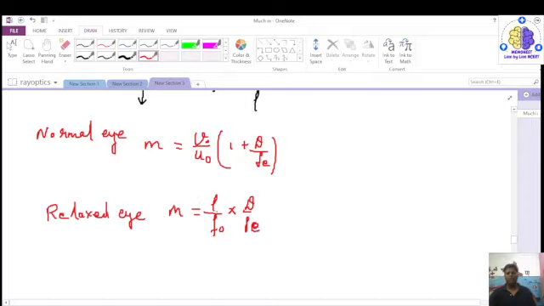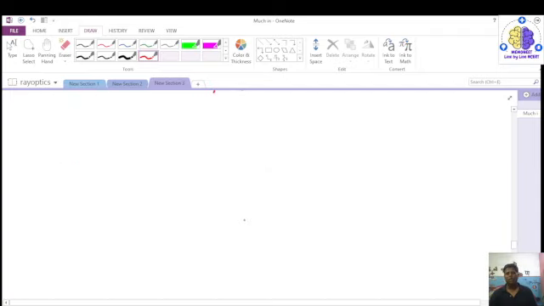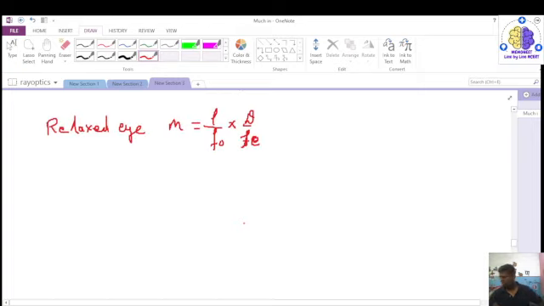That is FL upon FO into D upon FE. So this is for your relaxed eye, and this is what is for your compound microscope. Now, this can also be written as, this is also equal to VO upon UO into D upon FE, right?